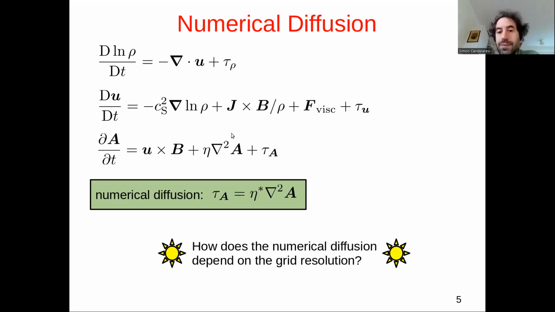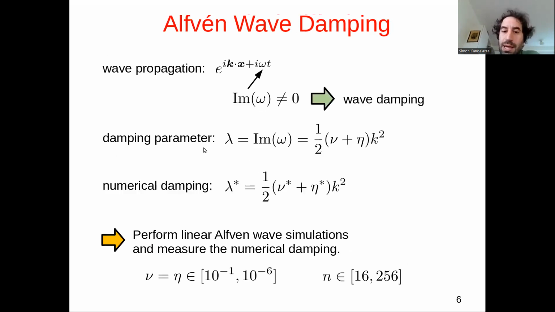Now, with viscosity and resistivity, it is not just a real quantity, it's a complex quantity with a non-zero imaginary part. And if this one is positive and imaginary, of course we will have an e to the minus something times t. So that's our wave damping, which I now call lambda. So that's our wave damping parameter.